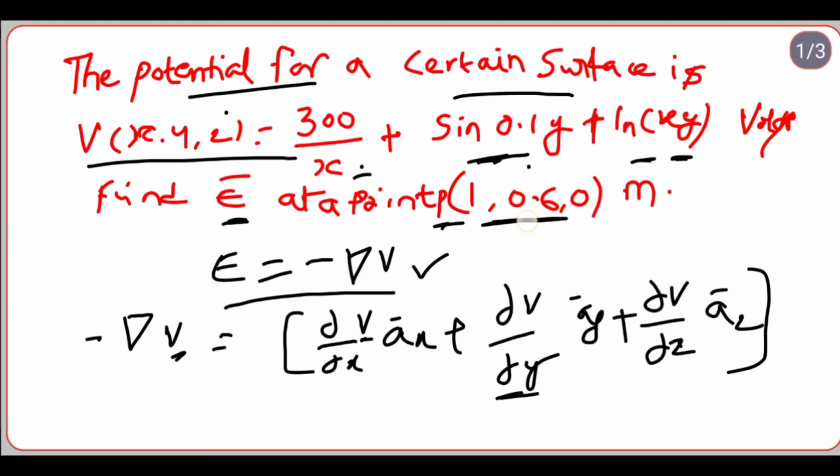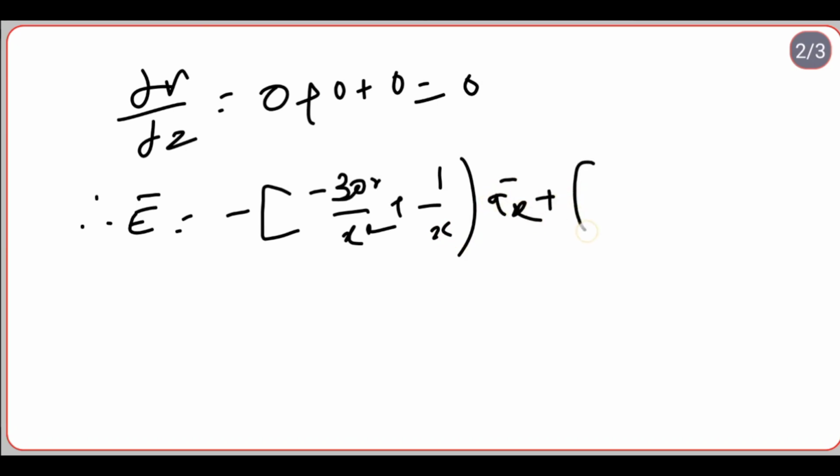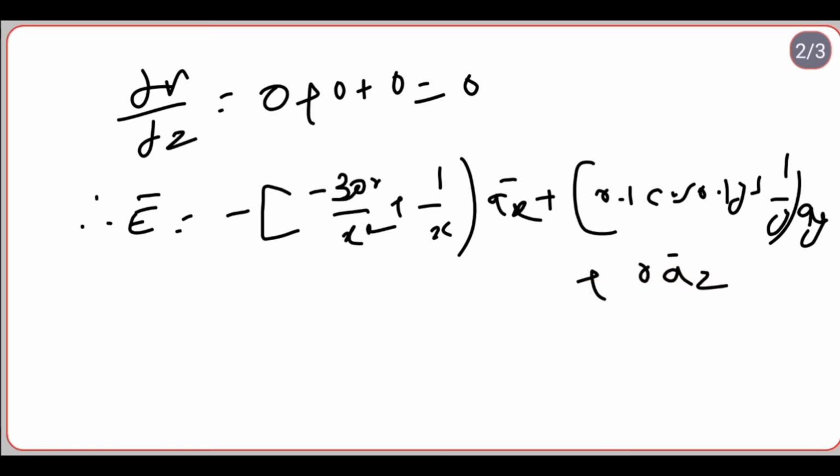E bar equal to minus of (minus 300 by x square plus 1 by x) ax plus (0.1 cos 0.1 y plus 1 by y) ay plus 0 az.